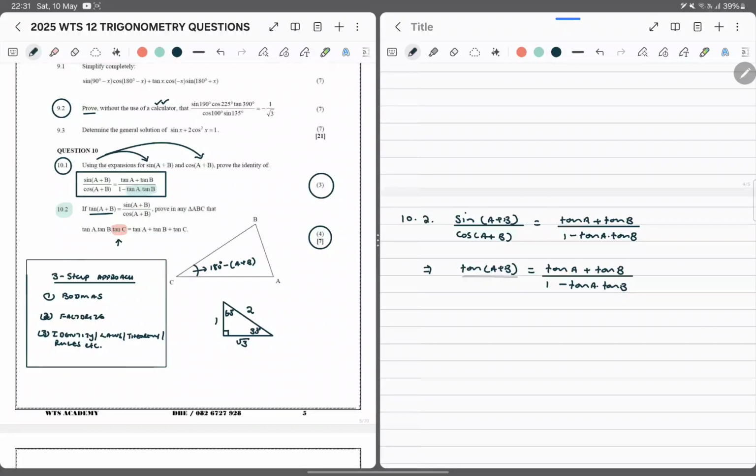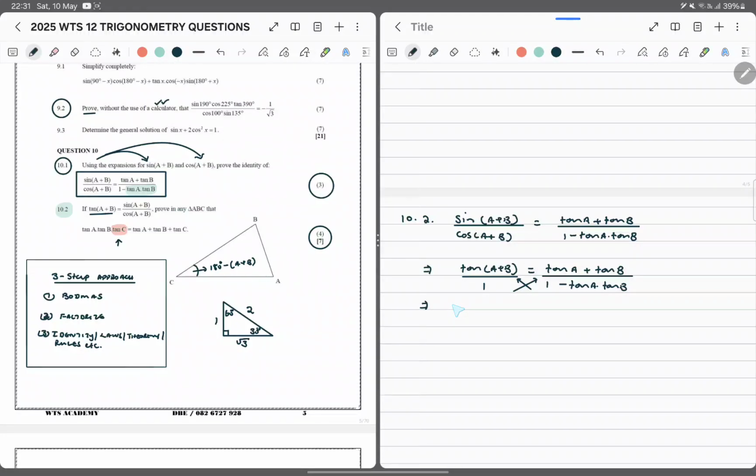So this is all over 1. So what do we do? We cross multiply. You get it? Yay! We can do it, because we want to isolate this dude.